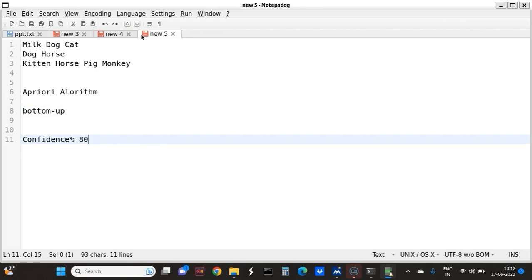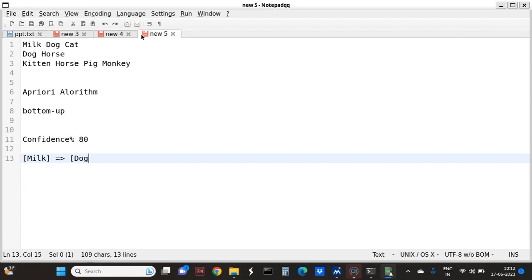So what will happen is Apriori will first take all the single elements. For milk, it will store in dog and cat. This will be done in the first mapper.